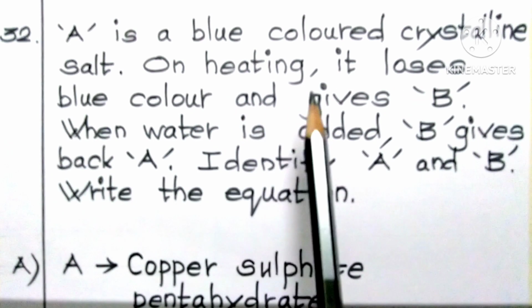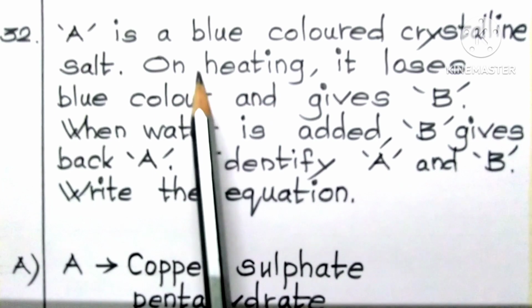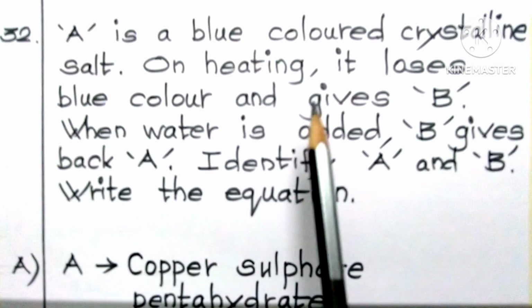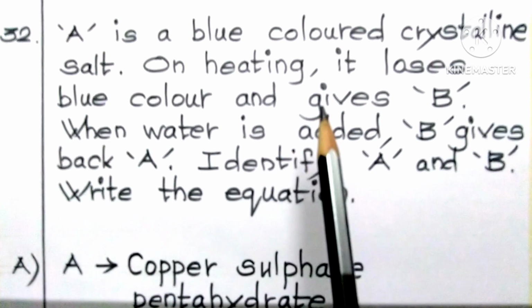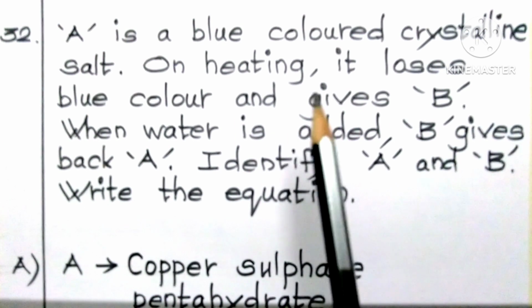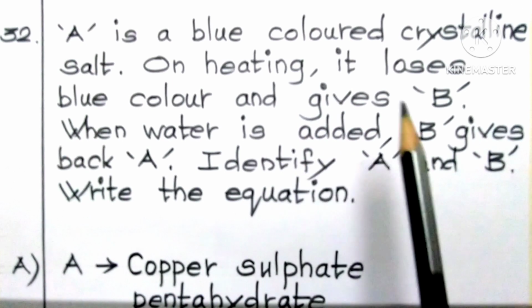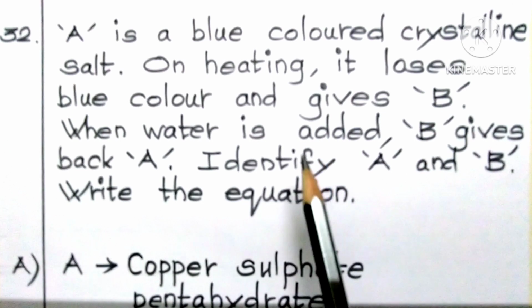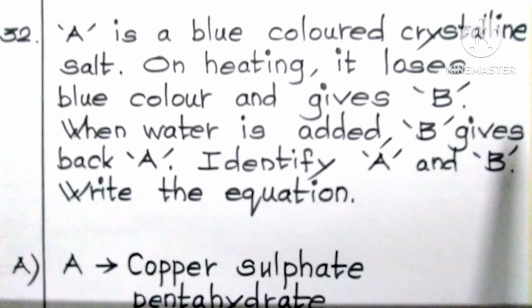This water of crystallization only gives its blue color and its crystalline form. So when it loses that water, it becomes white in color, and it is called anhydrous copper sulfate, which means copper sulfate without water.